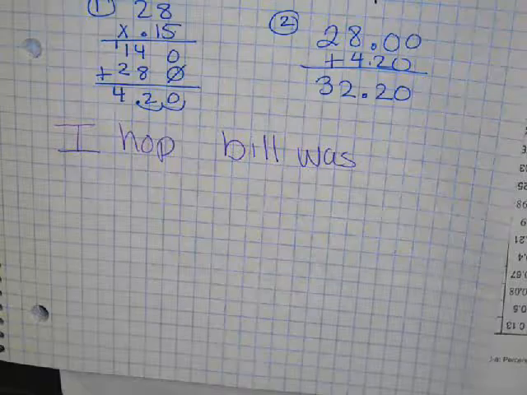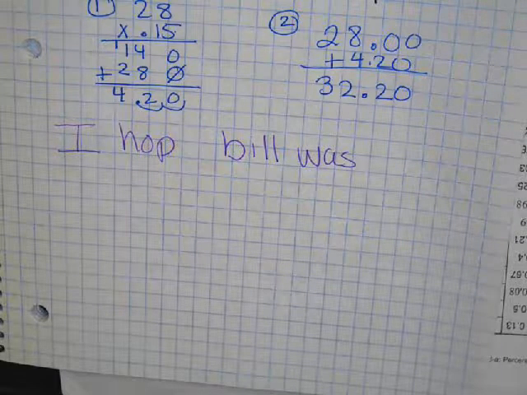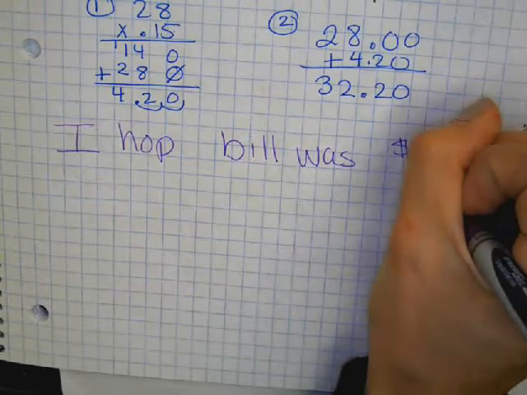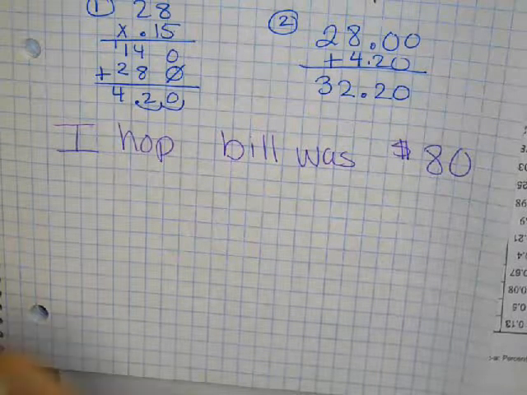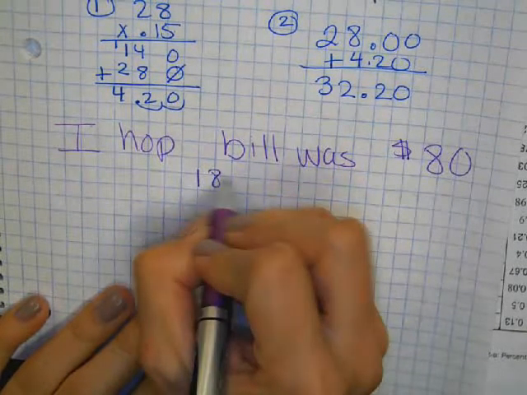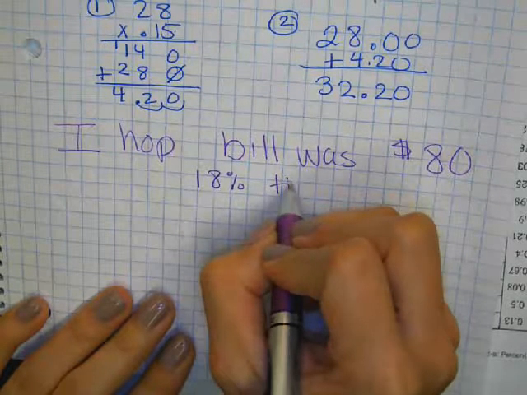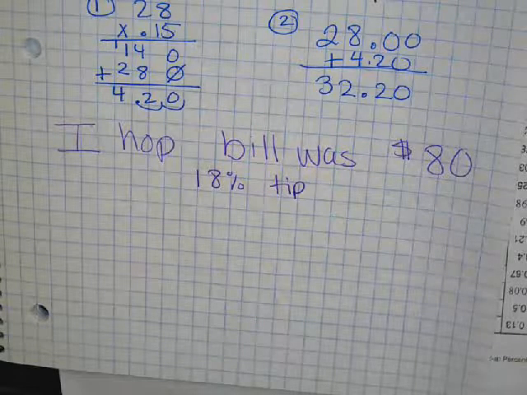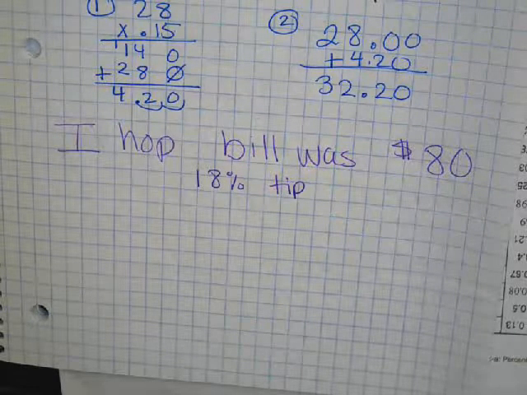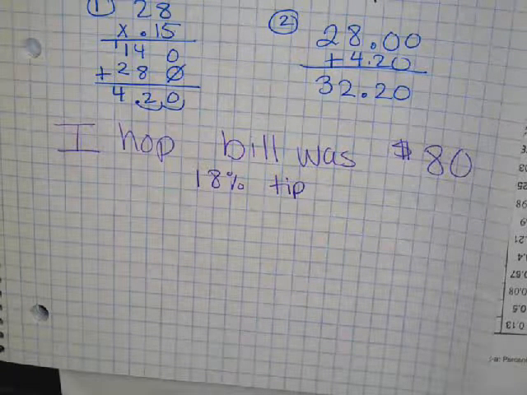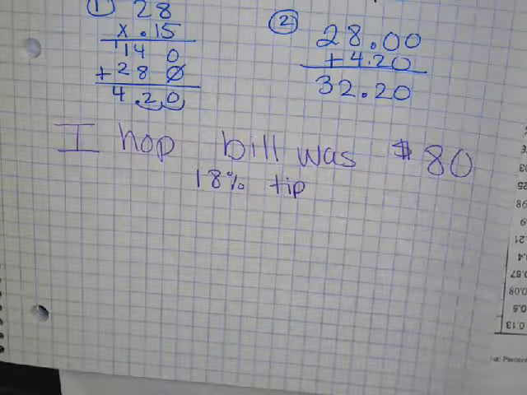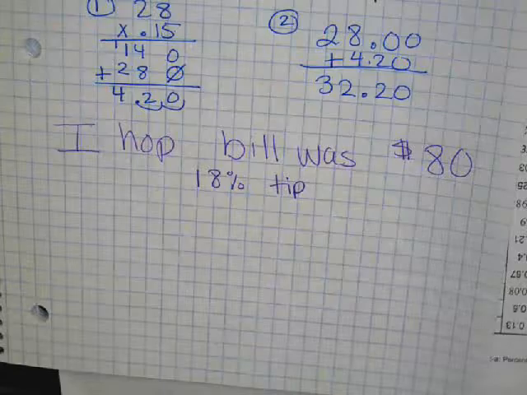IHOP bill was, let's say, $80. Okay. And we want to leave an 18% tip. Go for it. All right, let's go.